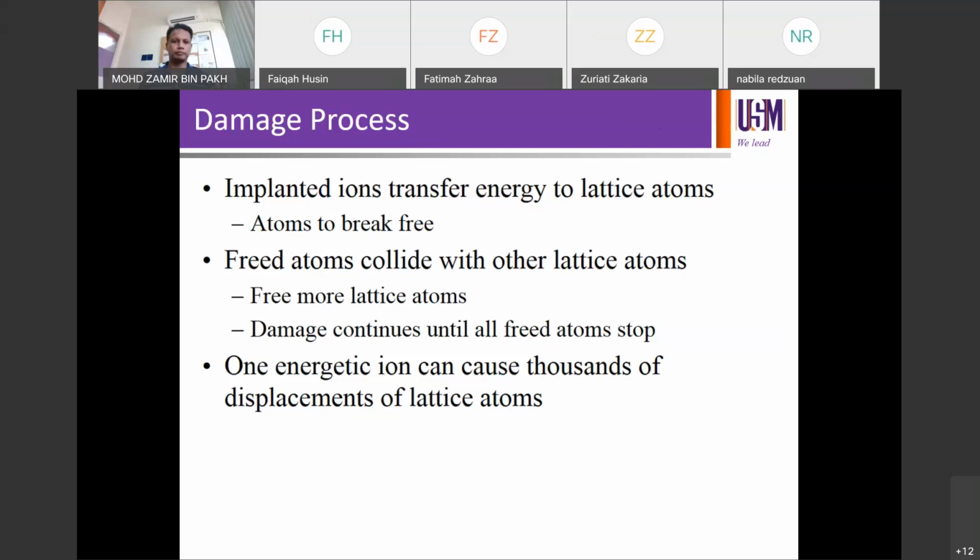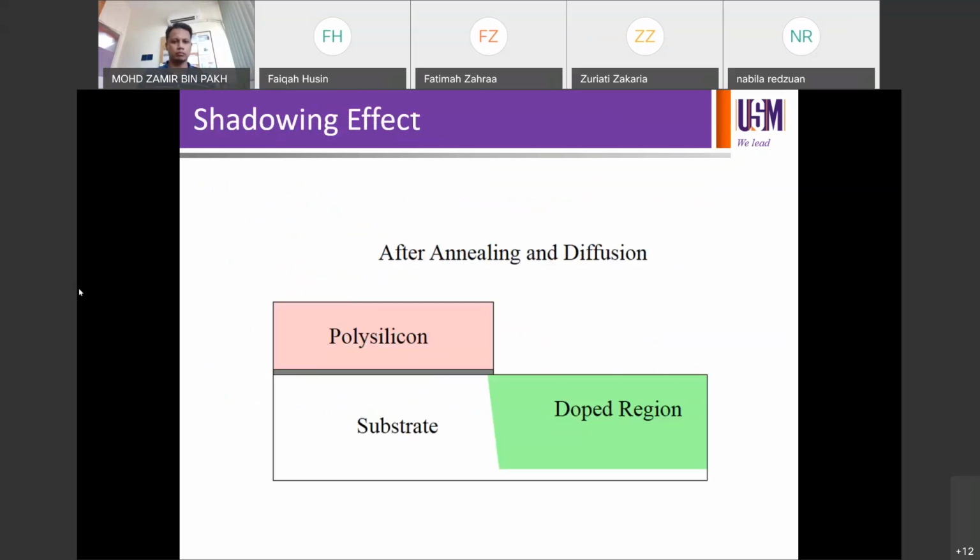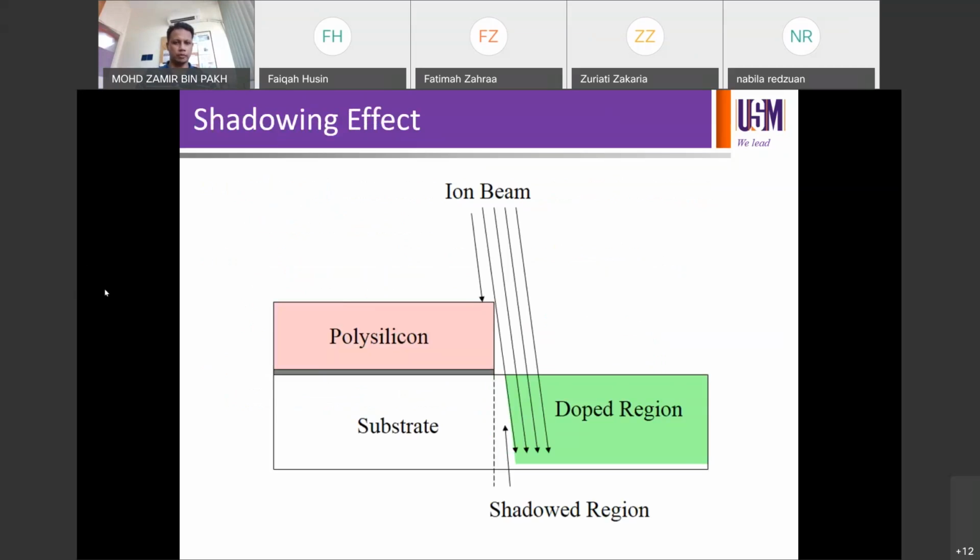All right. Before this, we have stopped here. So we have discussed until shadowing effect during ion implantation.